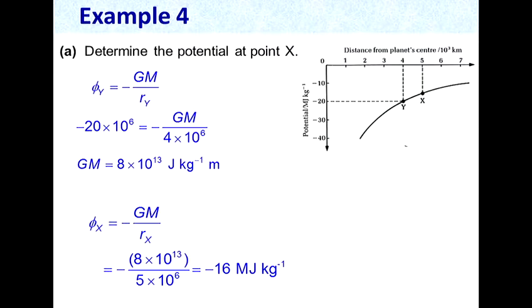Right, and just a final check, your final value for potential must be negative. Gravitational potential is always negative, unless you're at infinity, then the value becomes 0.